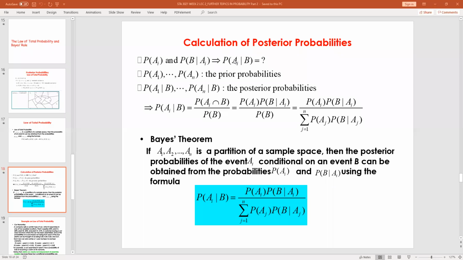There are two schools of statistics: statisticians who use the classical idea, and statisticians who use the Bayesian idea. Those who use classical knowledge believe in whatever they get from the data alone.